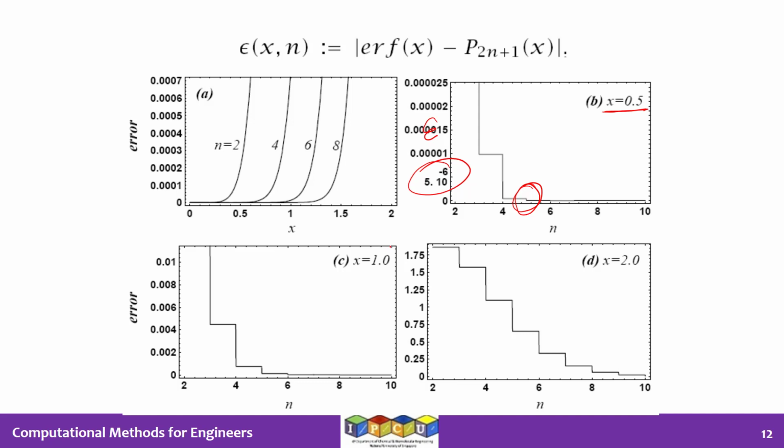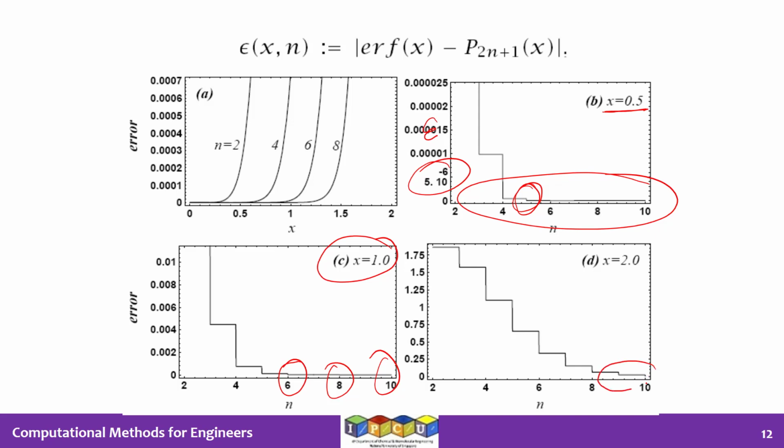When you're looking at x is equal to 1, you see that even with n is equal to 6 or 8 or 10, the error value is not as small as the error you see here for the case of x is equal to 0.5. And when x is equal to 2, the value of the error, even with n is equal to 10, is not as low as you get for x is equal to 1 or x is equal to 0.5. This is exactly the same trend we saw in the table in the previous slide.